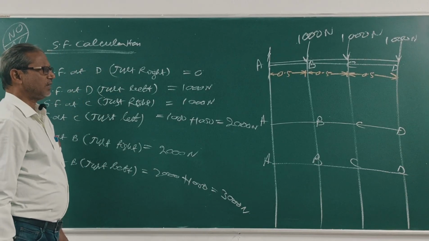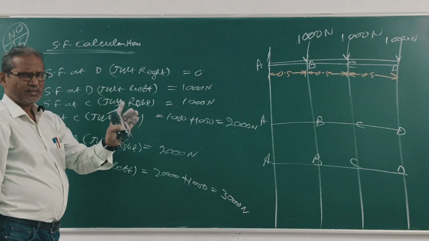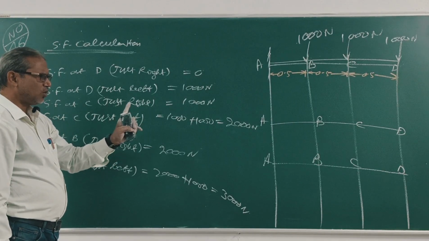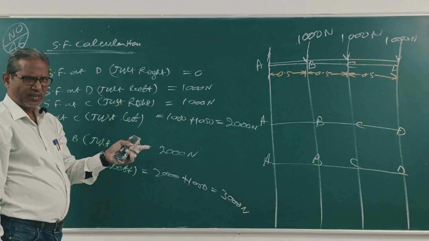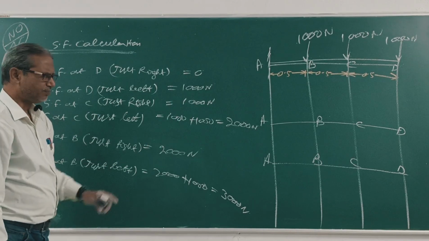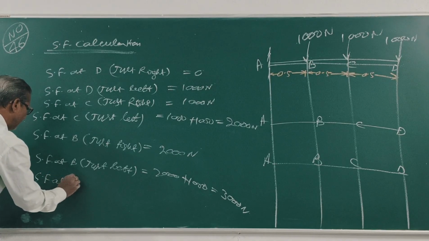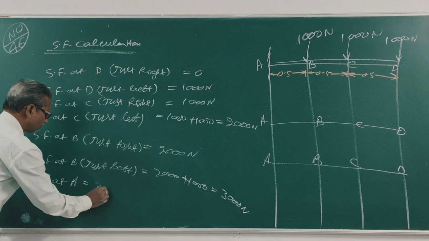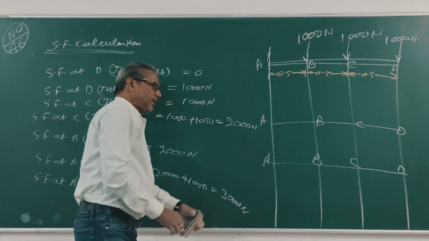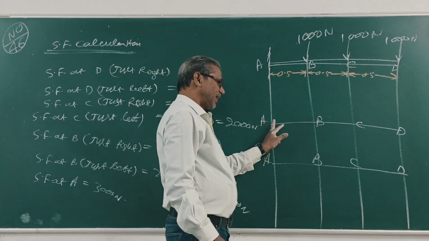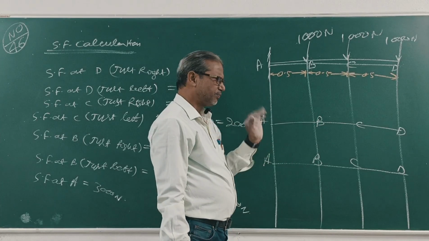Right? Next, at A, between B and A, there is no force. So B left means shear force at A is 3000 Newton. Clear? B left, A right, no load, so the shear force remains constant.